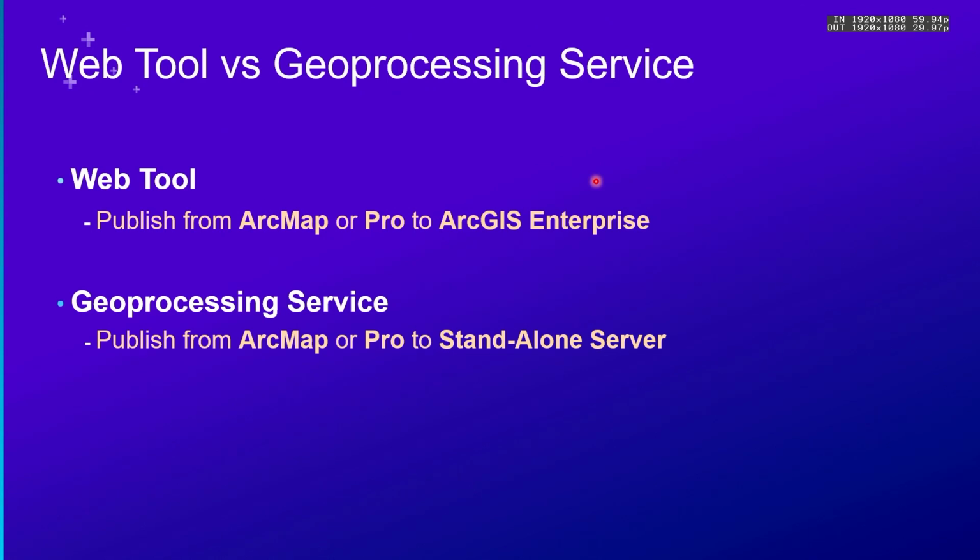And behind this portal item, there's a GP service on the federated server. On the other hand, a GP service, you publish to a standalone server. Also, you can publish from ArcMap or Pro, but there's no portal associated with it. So that's the main difference.